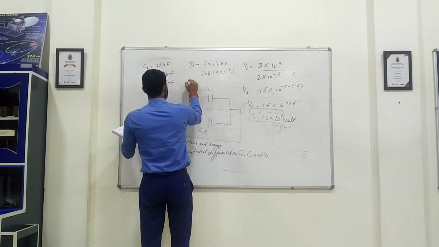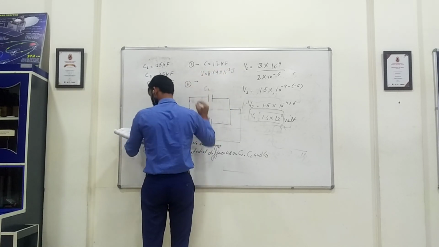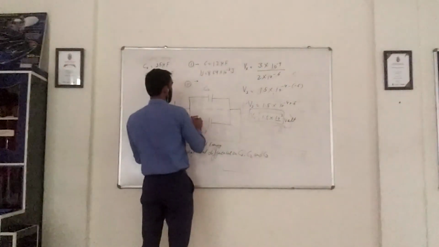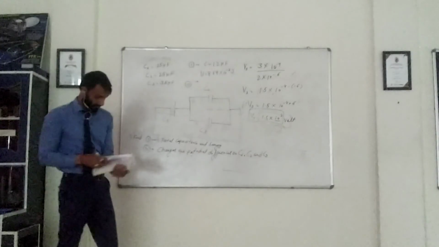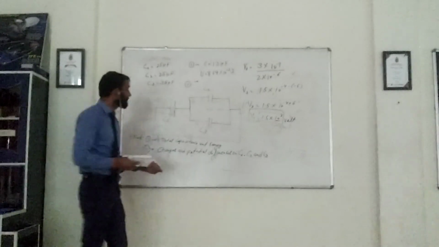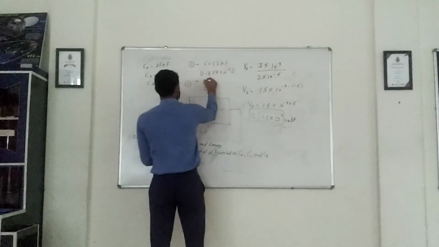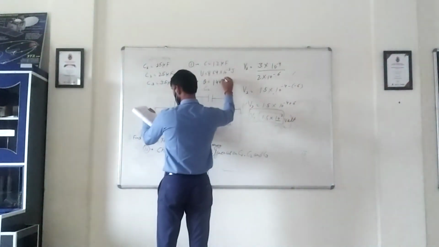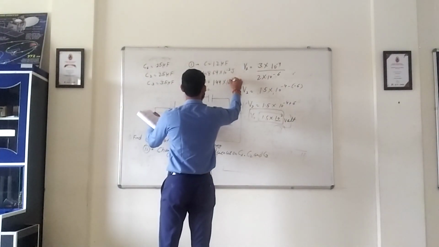Then second part, total charge on the combination: 1.44 into 10 to the power minus 3 coulomb.